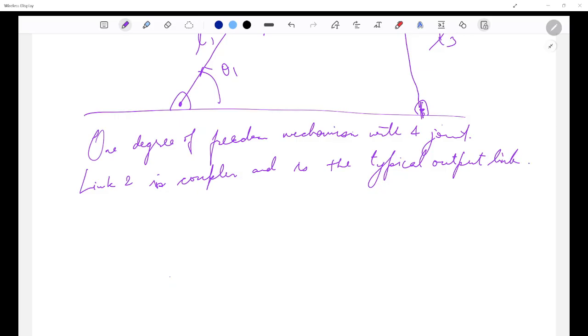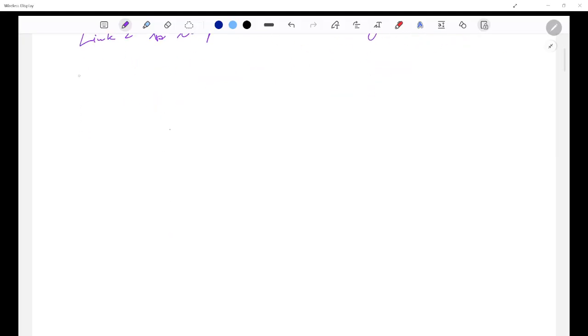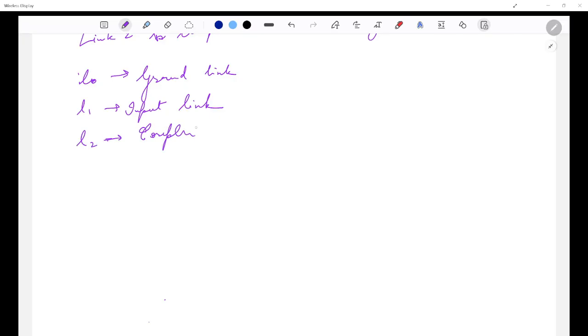Let's call this length L0. So let's write it properly. L0 is the ground link. L1 is the input link. L2 is the coupler, and L3 is the output link.